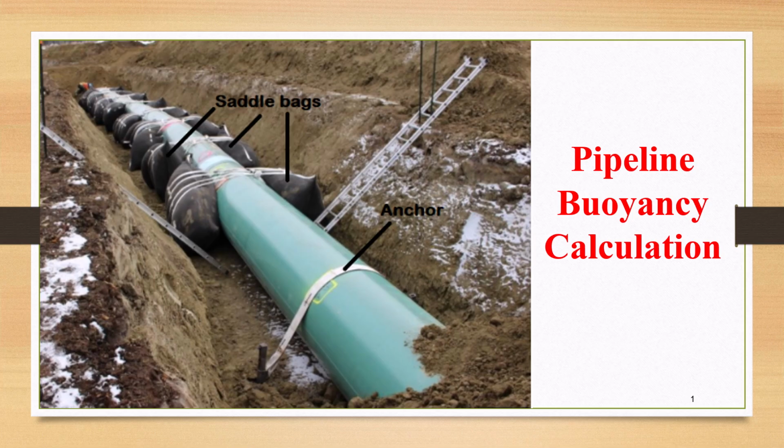Basically, by this we are mitigating the buoyancy forces and developing more weight on the pipeline so that the pipeline buoyancy calculation is satisfied, or we get satisfactory results. Let's move on to the actual course now.